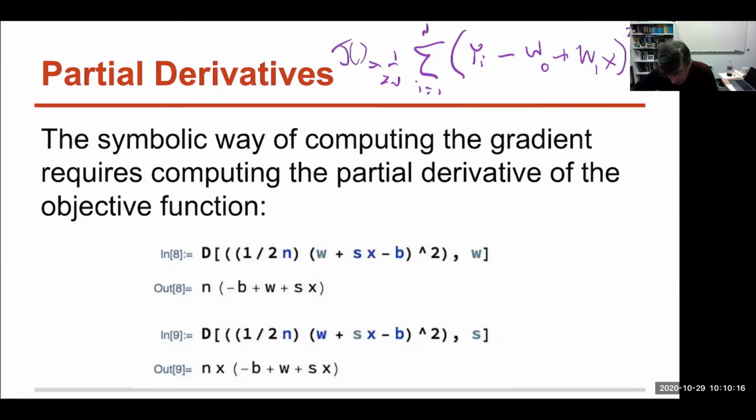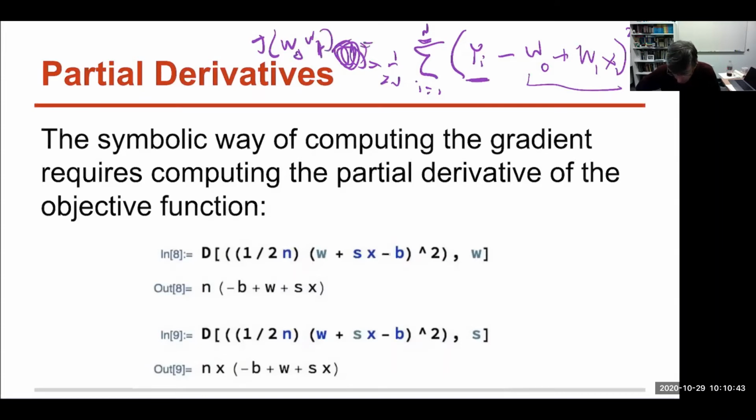Now, again, I am summing up over all n examples. This was the y value that I'm trying to predict. This was my model when I evaluate it as a function of xi. And I am curious to find what the error is as a function of my two parameters, w0 and w1.